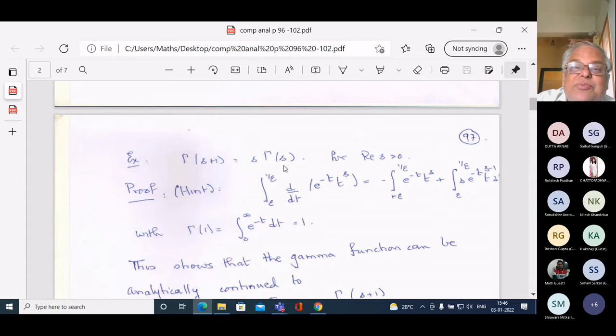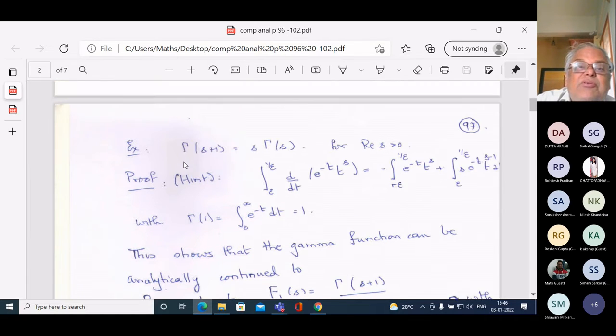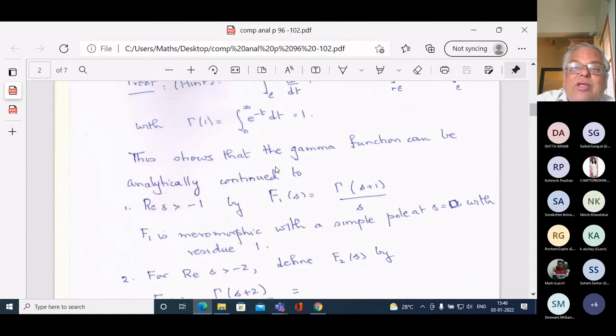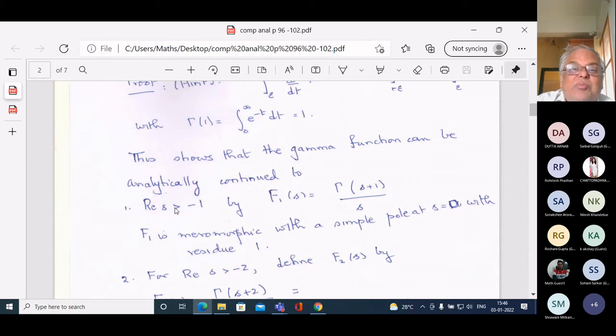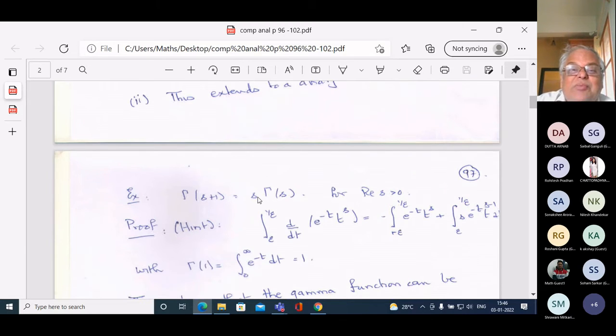The exercise is that gamma of s plus 1 is s gamma of s for real part of s greater than 0. What does this follow from? It follows from integration by parts. So gamma of s plus 1 is s gamma of s, and therefore this shows that you can extend the gamma function in the same way so that it satisfies the same equation, gamma of s plus 1 is s gamma of s, for all s, so that it becomes a meromorphic function with poles.